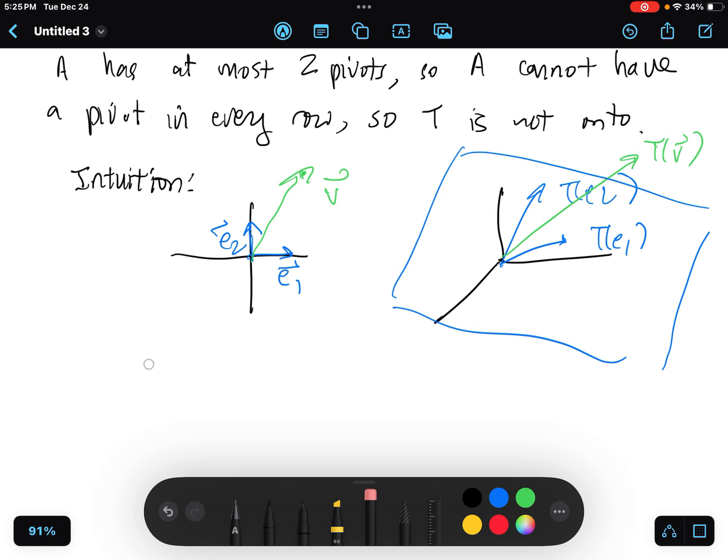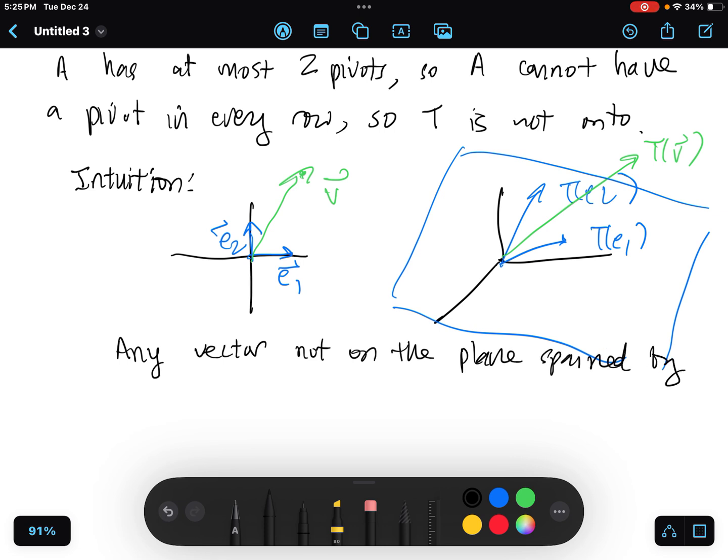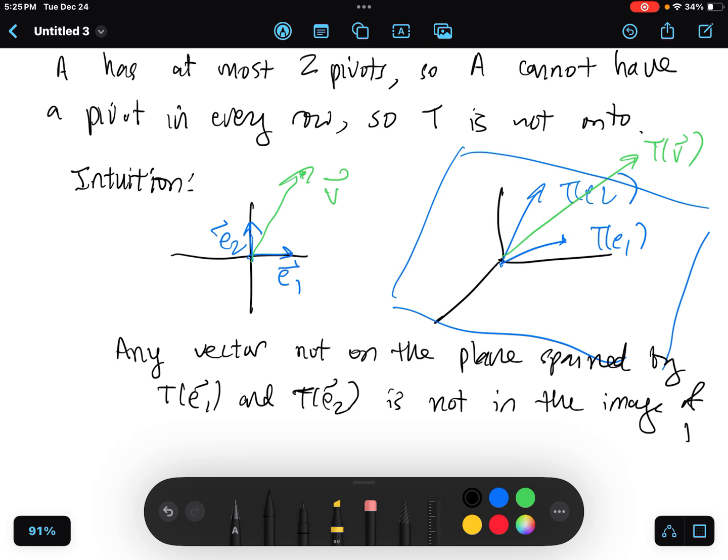Any vector not on the plane spanned by T of e1 and T of e2 is not in the image of T. So T is missing those.